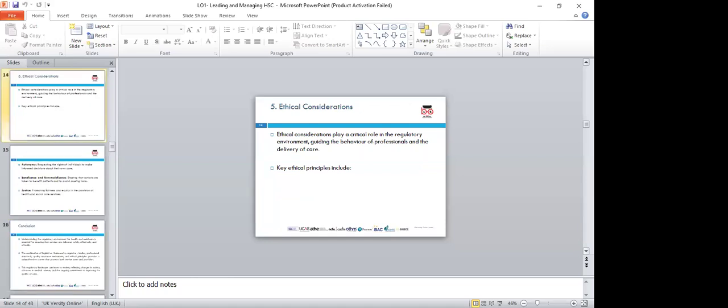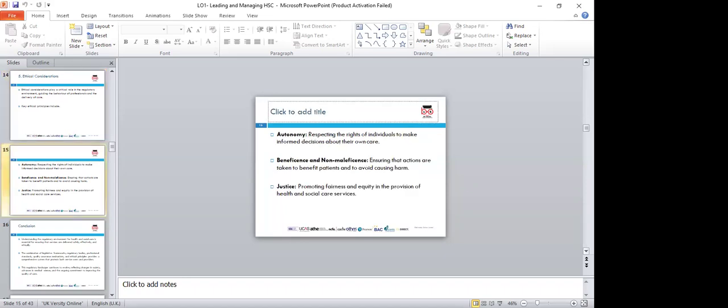And then ethical considerations play a critical role in the regulatory environment, guiding the behavior of professionals and the delivery of care. Then we can look into what we call autonomy, representing the rights of individuals to make informed decisions. We've spoken about it, haven't we? Yes, we have.